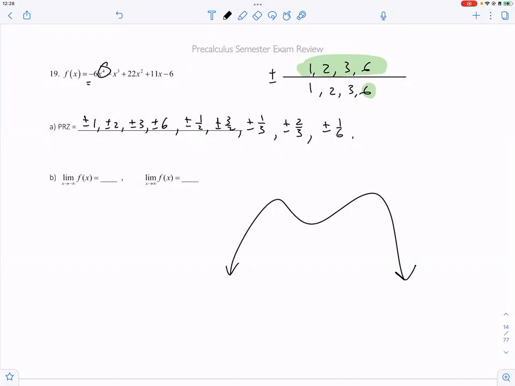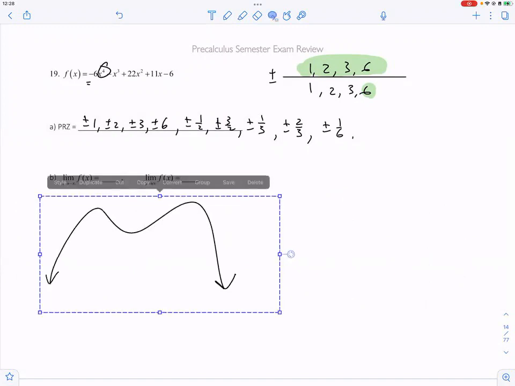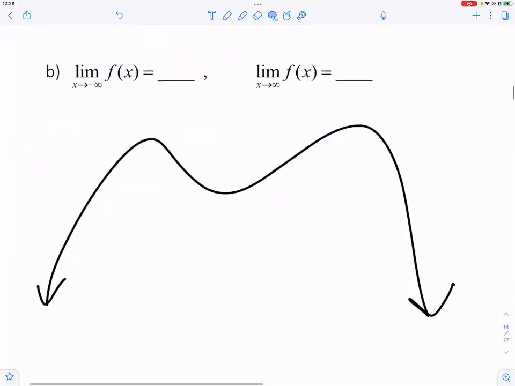If that's the case, look at the limit, which is asking, if x is going to the left, so x going to negative infinity, where will the graph go? Well, the graph is going down, so we say negative infinity.